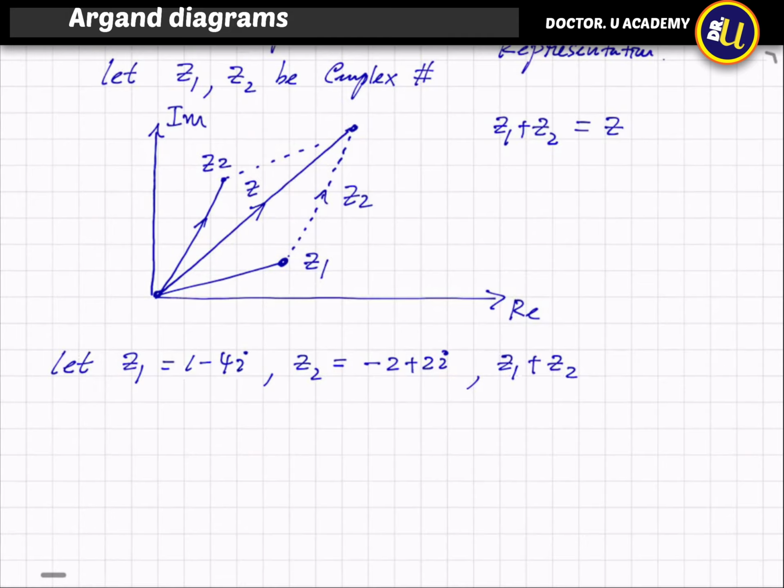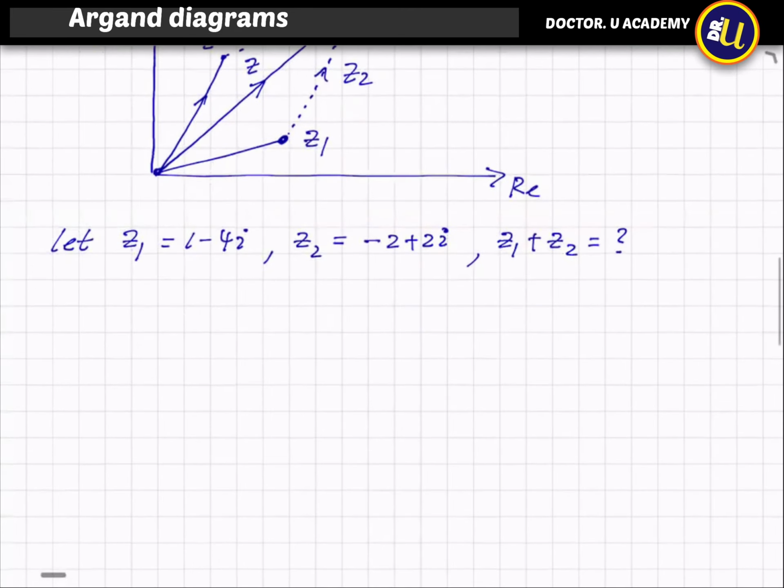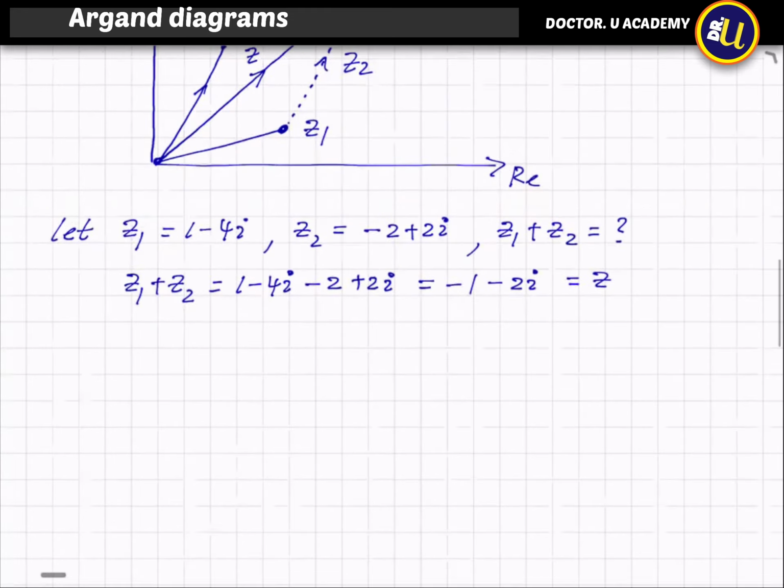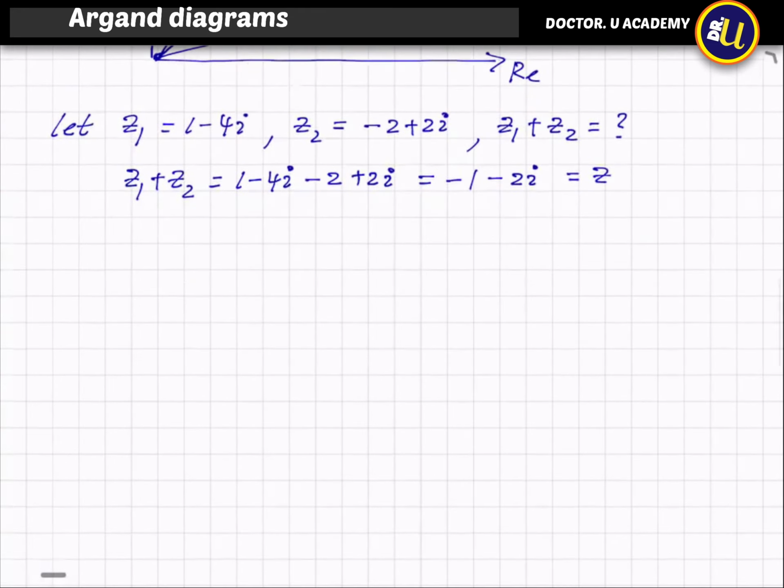First of all we will find z1 plus z2 analytically. z1 plus z2 would be 1 minus 4i minus 2 plus 2i. This is equal to minus 1 minus 2i. Now we know our resultant z, the addition of those two complex numbers.